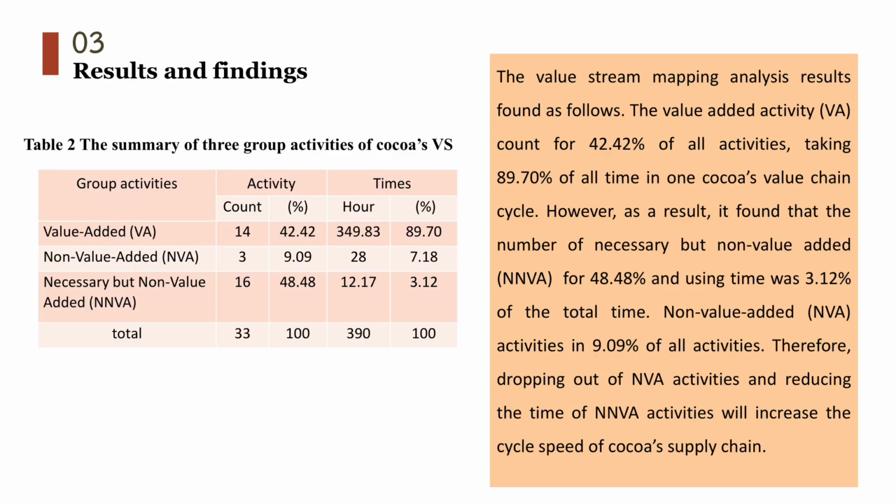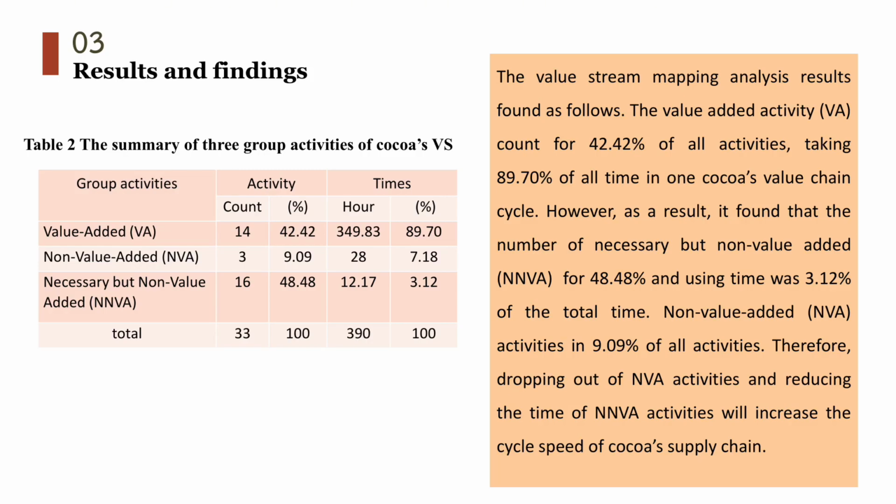And this is Table 2, the summary of 3 groups of activities of the cocoa VSM. The value stream mapping analysis found the following. Value-add activities account for 42% of all activities, taking 89% of all time in one cocoa value chain cycle.